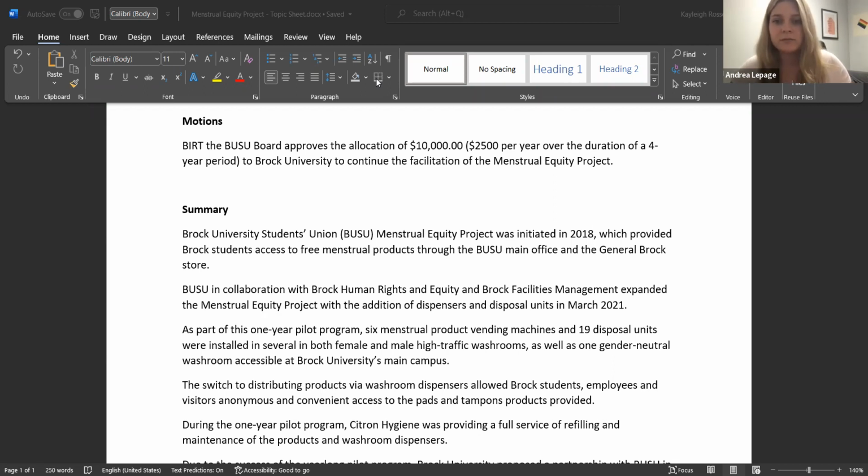Obviously at the beginning we were solely doing it, and now it is Brock doing it. But to keep the program, they want us to contribute that amount because they are fully handling all of the maintenance of the machines and whatnot. Okay. I can find out that amount for you though, unless Robert knows.